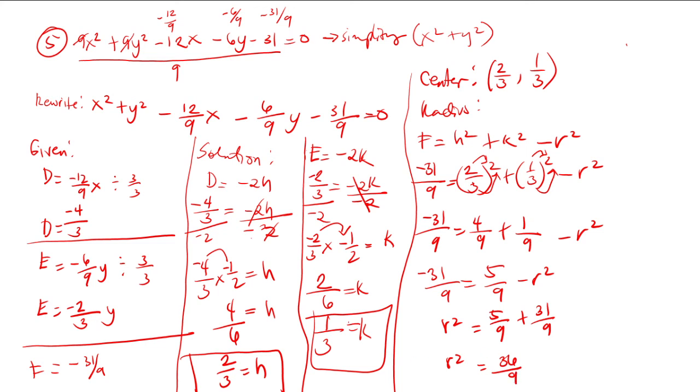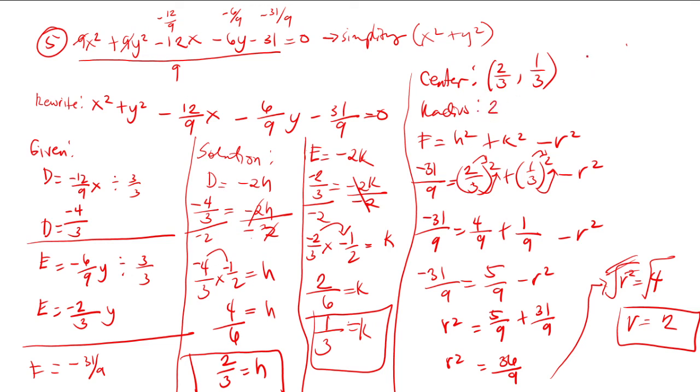And 36 divided by 9, that is equal to 4. R square is equal to 4. And then, square root mo both sides to get the value of R. Cancel. R now, square root of 4 is 2. So, yun ang radius natin. Ang radius natin ay 2.